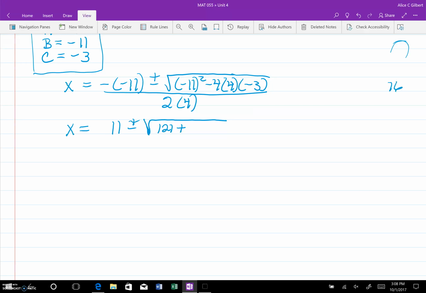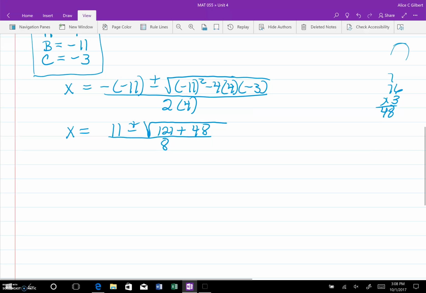And 4 times 4 is 16, times 3. I happen to know this is 48, but you might not, so do your work over here. So 48 over, and 2 times 4 is 8. Now, in the next step, I need to add the 121.